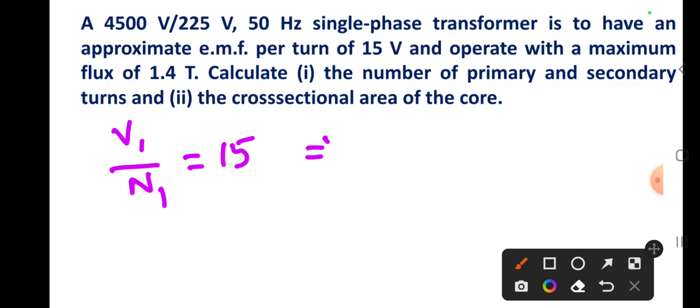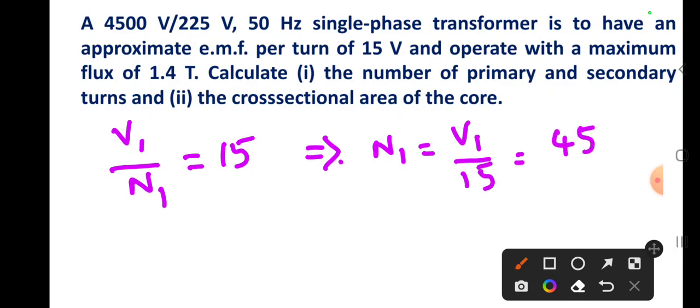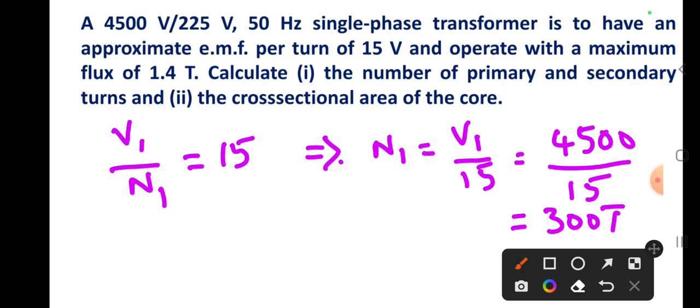That means N1 is equal to V1 by 15, 4500 by 15. Now how much is the N1 value? This value is 300 turns. This is turns.